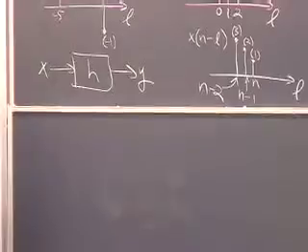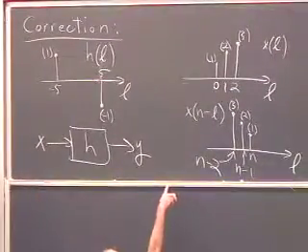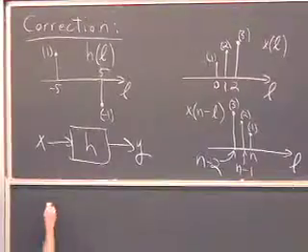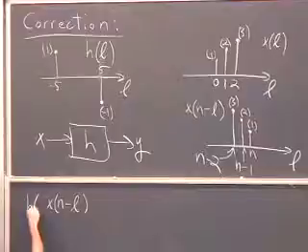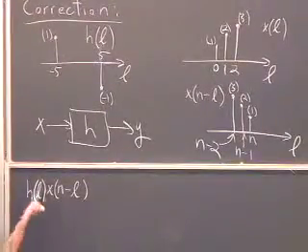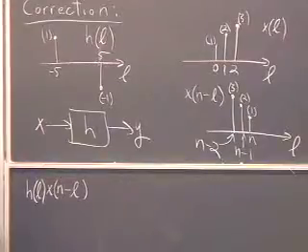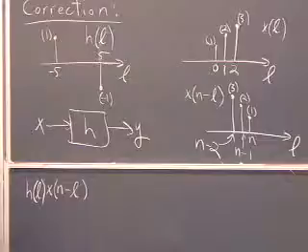where did we say the first non-zero overlap occurs between x of n minus L and h of L? So if we're doing the product x of n minus L times h of L, where is the first n for which there is non-zero overlap? Negative 5.